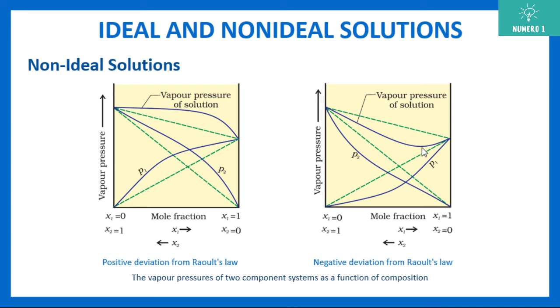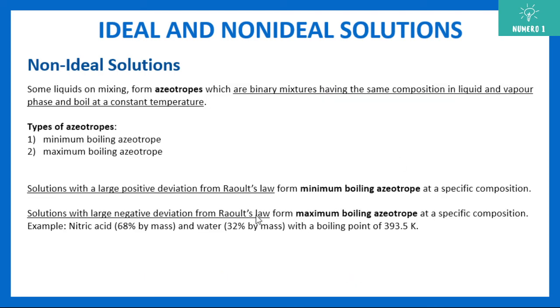To understand this point, the vapor pressure requires a higher temperature to reach atmospheric pressure, and only then will it boil. So a large negative deviation from Raoult's law will show maximum boiling azeotrope. One example is a mixture of nitric acid 68% by mass and water 32% by mass, with a boiling point of 393.5 Kelvin.